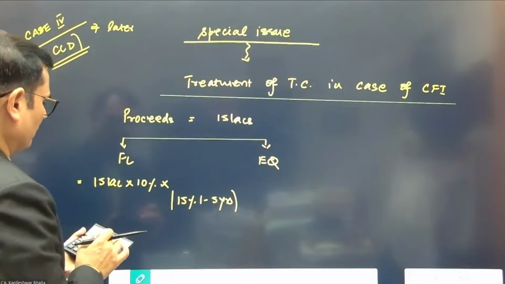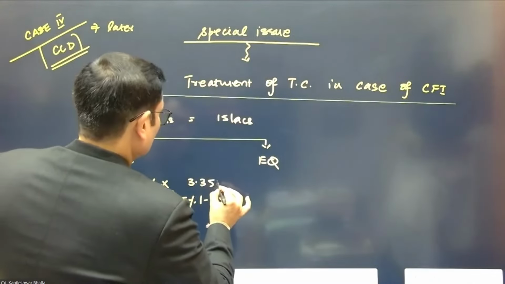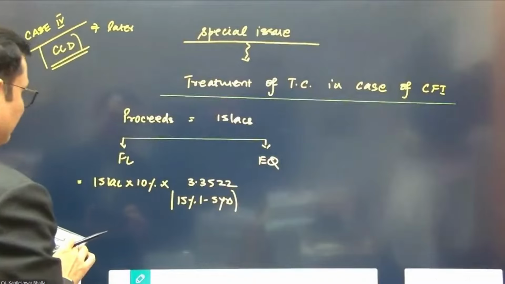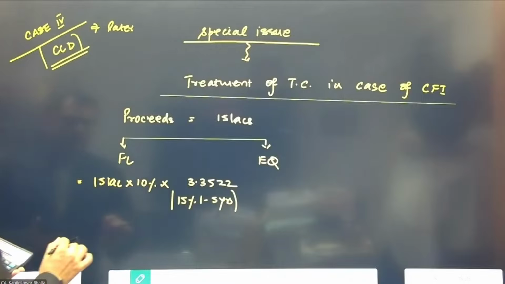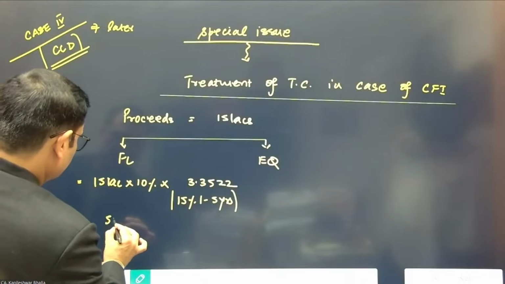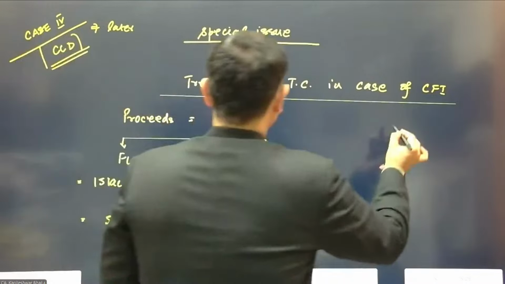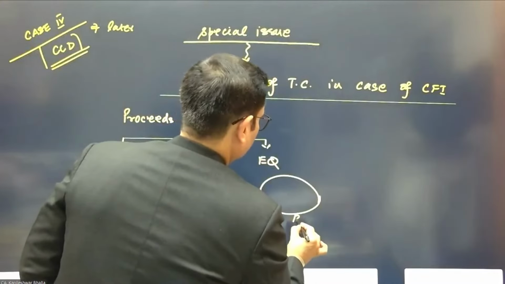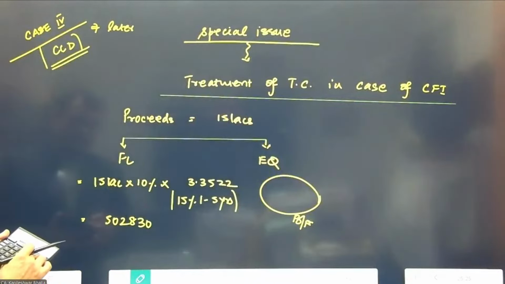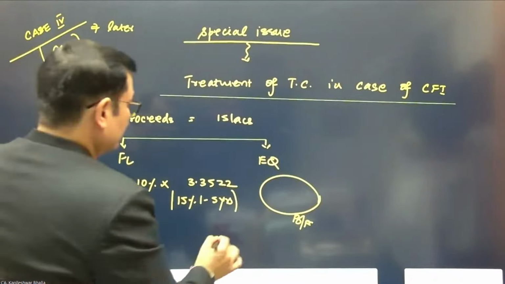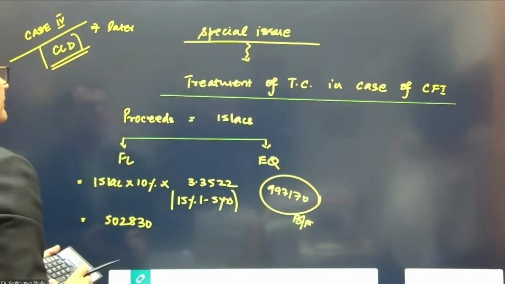So cumulative is coming to around 3.3522, rounded off to 4 decimal places. So this is going to be 1,50,000 into 3.3522. So this is coming to 502,830. So we take the equity as a balancing figure. So this works out at 997,170. This is the split.